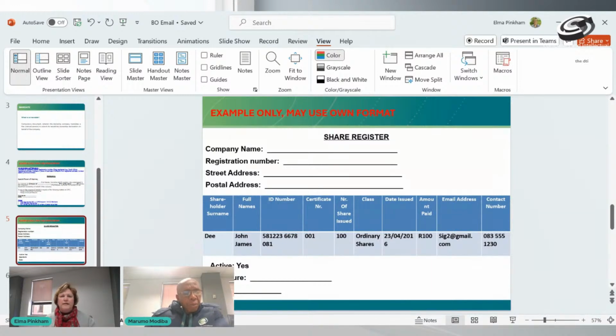In ours, we added obviously the company name and registration number, as well as a space for the street and postal address.